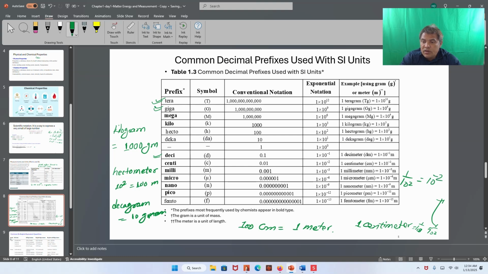If the denominator has a positive index, you can write it in the numerator with a minus sign. Similarly, milli is 10 to the minus 3, micro 10 to the minus 6, nano 10 to the minus 9, pico 10 to the minus 12, femto 10 to the minus 15, and like that.